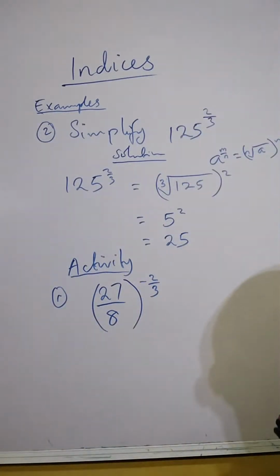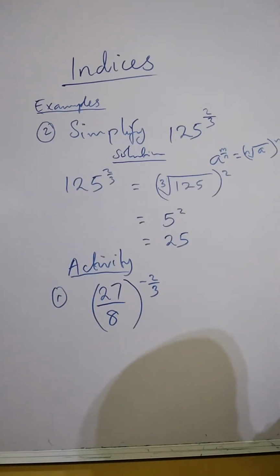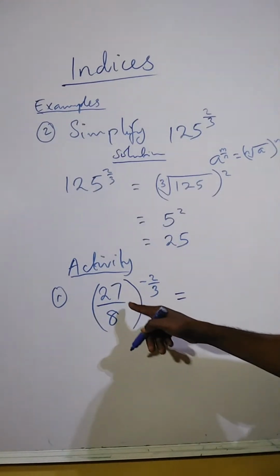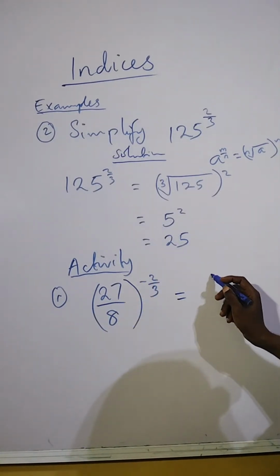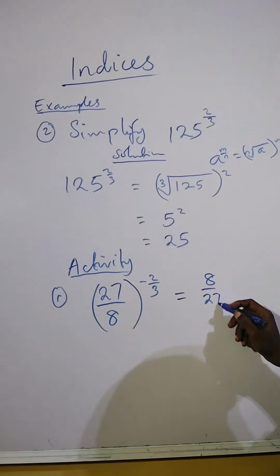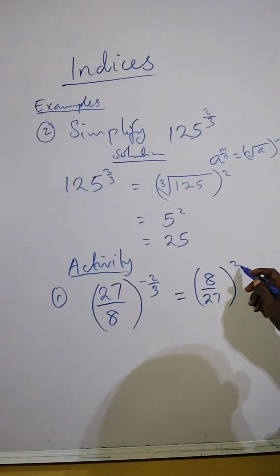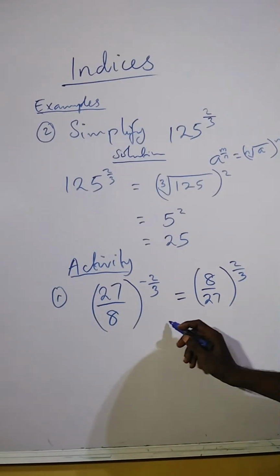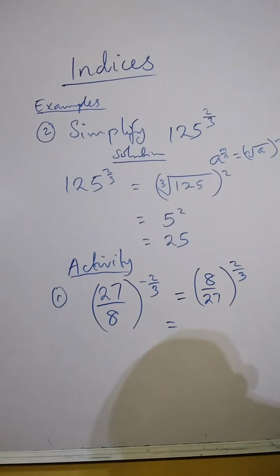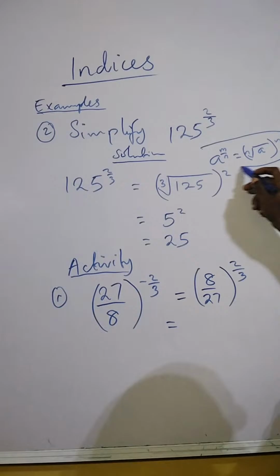All right, now when we look at this as well, we discover that we have a negative at this power. We have a negative index, and the negative means reciprocal. So to remove this negative, we find the reciprocal here. So we can change this to 8 over 27, now raised to power 2 over 3. Now what this all means is that we have a fractional index just like this.